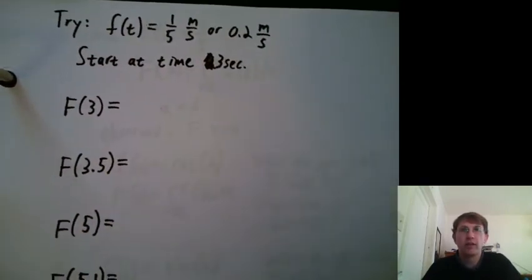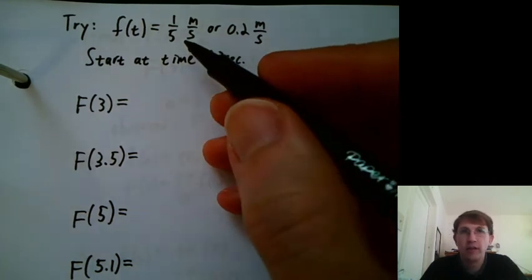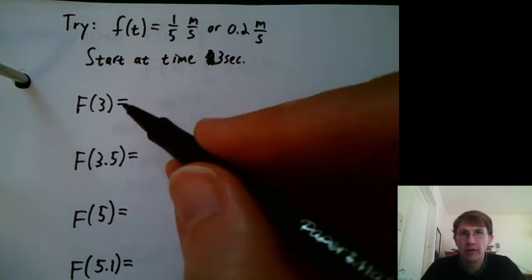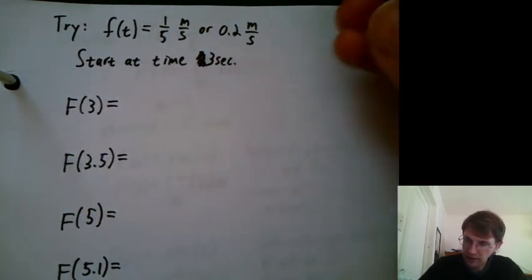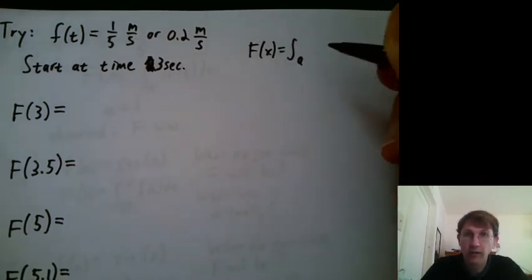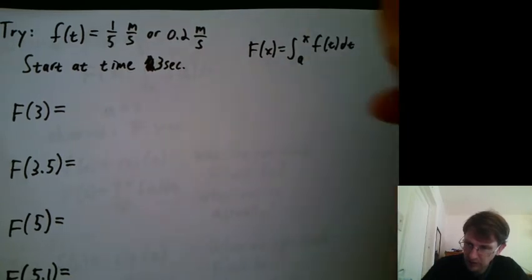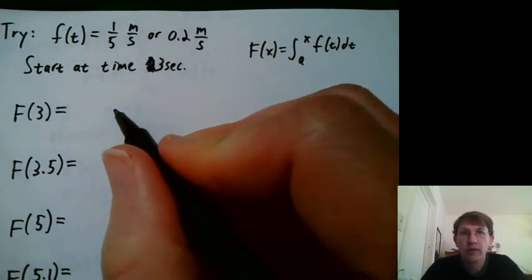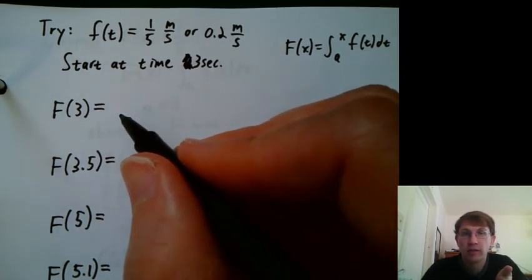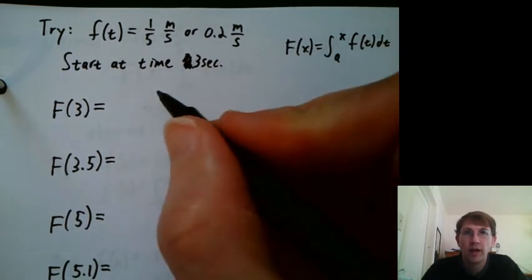So let's define a function here. It might be a velocity, so 0.2 meters per second, and let's start at time 3. What's the definition? We could remind ourselves big F of x is the integral from a to x of f of t dt. So what's that cumulative position change so far, if this is velocity, at time 3?